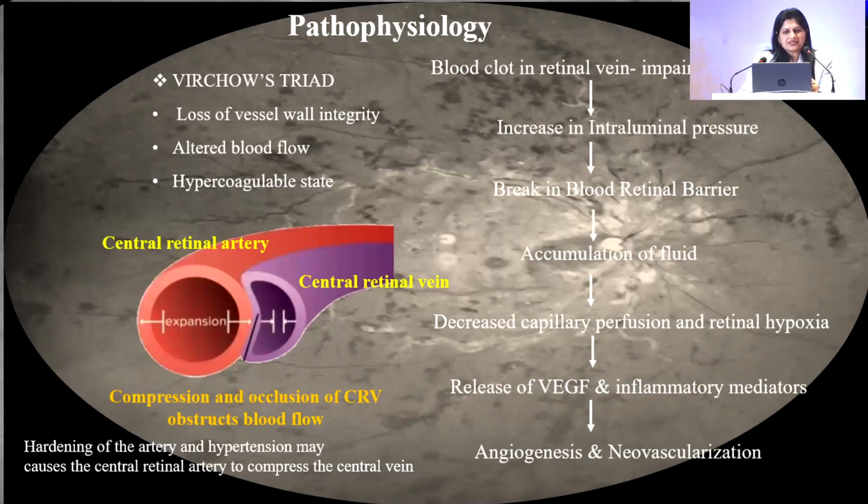This causes a blood clot in the retinal vein, which causes impaired blood flow leading to an increase in the intraluminal pressure, and it causes a break in the blood retinal barrier, which causes accumulation of fluid, decreased capillary perfusion and retinal hypoxia, which releases VEGF and inflammatory mediators. If not tackled, this causes angiogenesis and neovascularization.